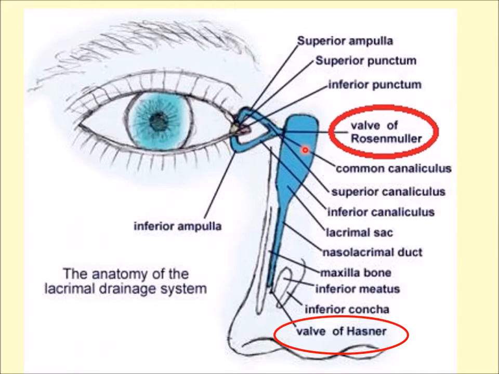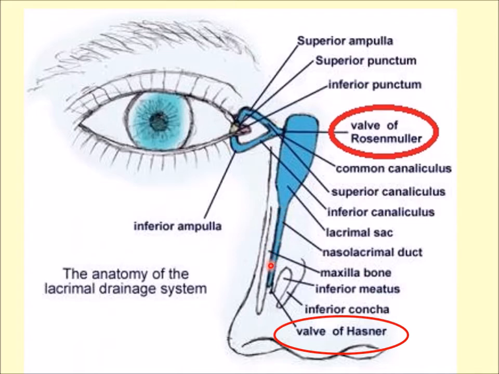And this is the sac, and the part above this common canalicular duct is called the fundus of the sac, and then here this is the nasolacrimal duct. The nasolacrimal duct passes through the bony part, and we call it the bony part of the nasolacrimal duct.